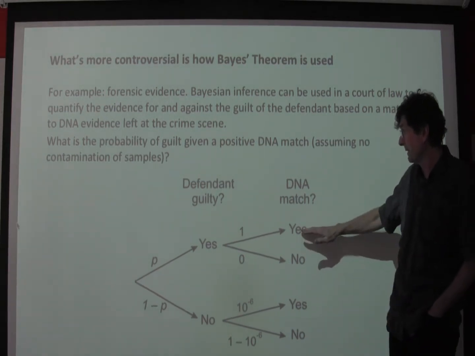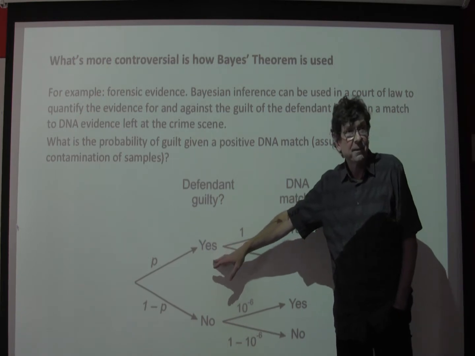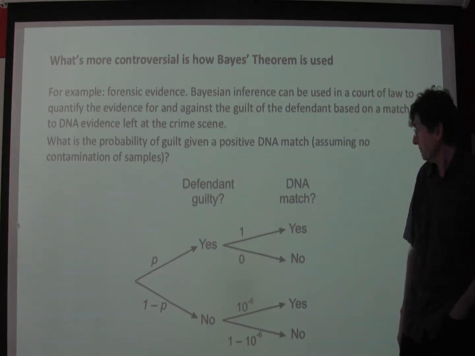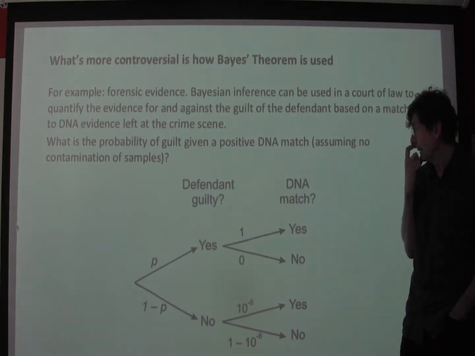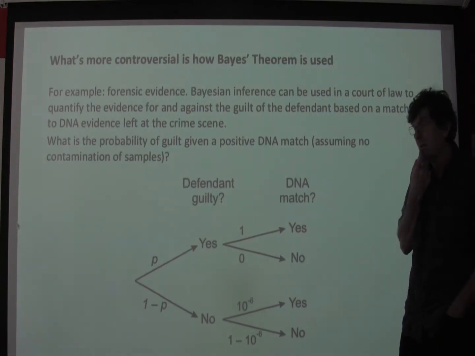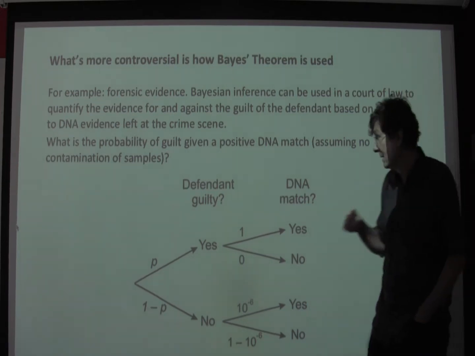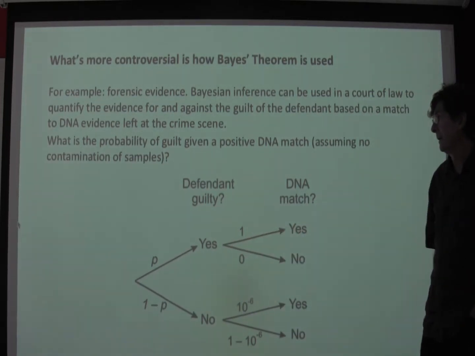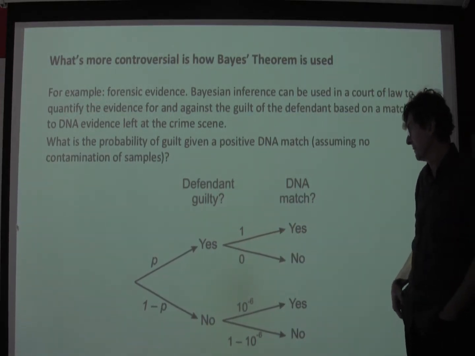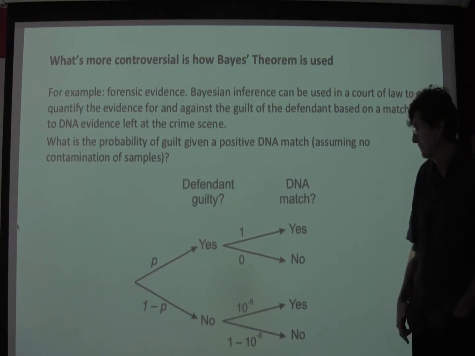What's the probability of a DNA match if the defendant is guilty? Well, let's imagine that the test is pretty good. There are no errors, it doesn't get sent to the wrong lab, there are no chemical mix-ups. But the probability is 1 that if he's guilty, there's a DNA match.